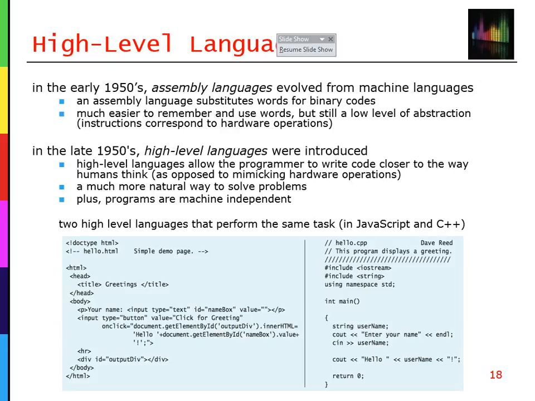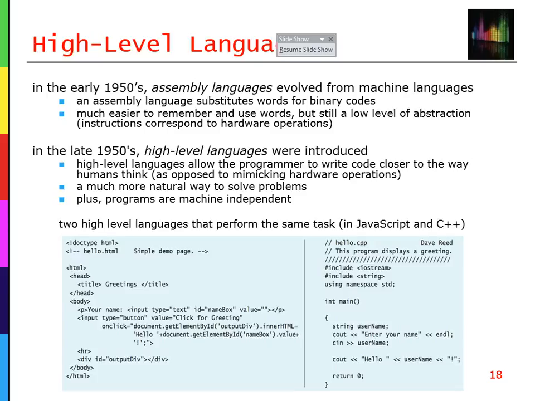Assembly languages evolved from machine languages. So assembly languages were the idea that we could basically take that machine language and transfer it into individual codes. But really, more importantly, high-level languages came around right after that, which allowed humans to read the actual code that was being written and more closely followed in a natural way how to solve a problem.